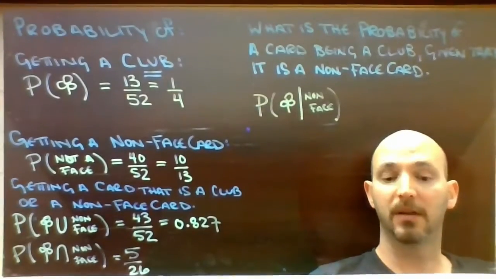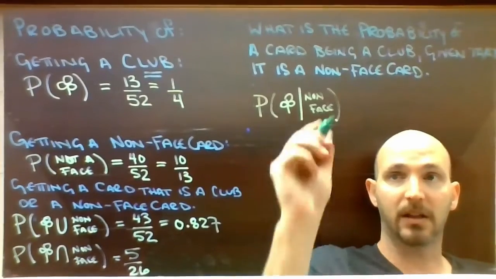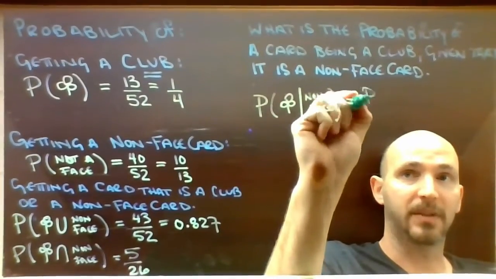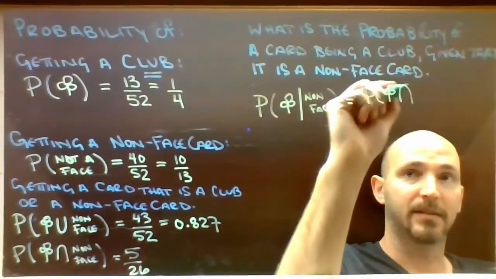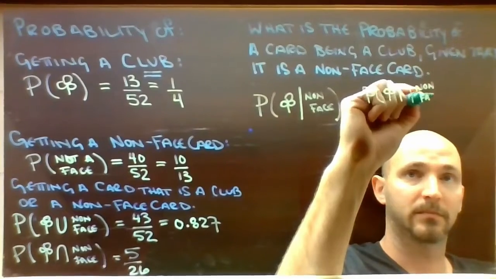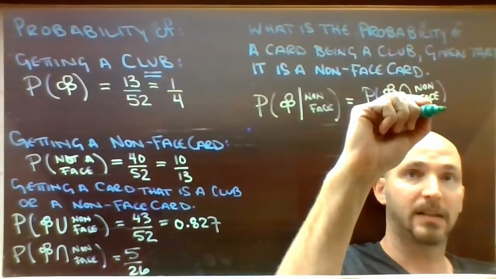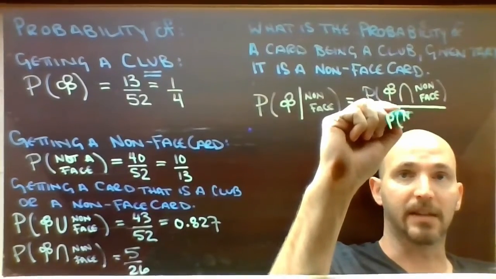Well, there's a formula for calculating this. The way that you're supposed to arrive at this numerically is to take the probability of it being a club and a non-face card and divide it by the probability that it's a non-face.